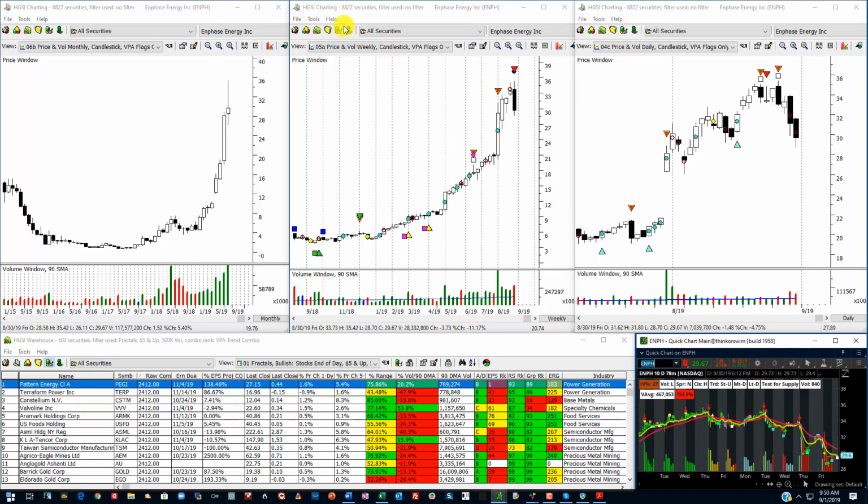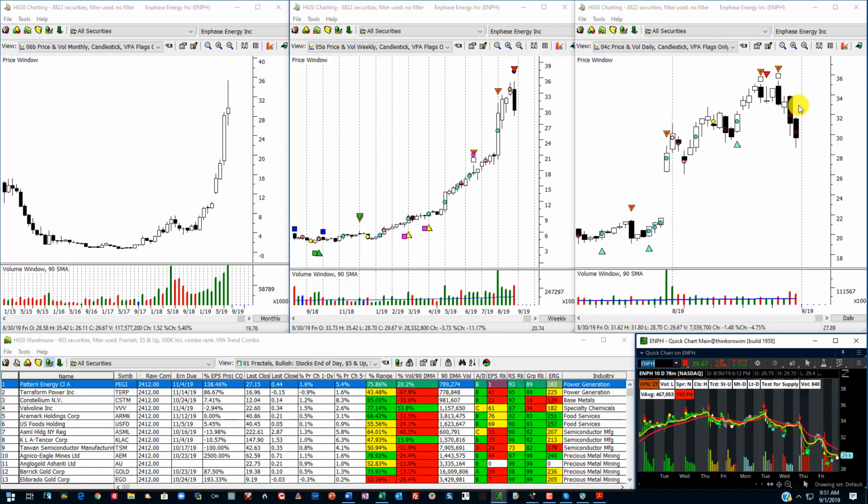So what I'm using here is a stock called ENPH, which has been a great stock throughout the year. In fact, it was a decent stock last year, and then it started going much higher, and I want to show you how these fractals work. You can look up here at the daily chart, and you can see that this stock has begun to roll over.